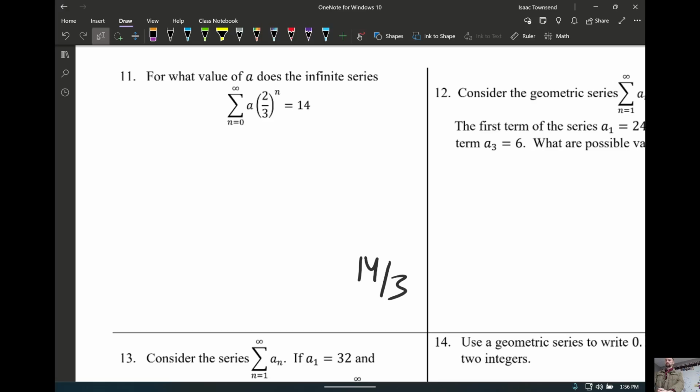It is 1 minus B, as in boy. 1 minus R. Oh, I see what I did. Wait, how is it possible that it equals 13?